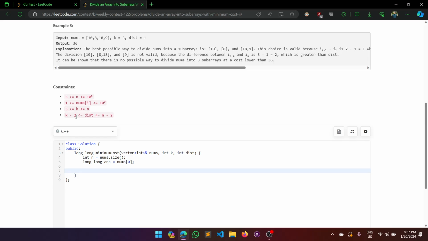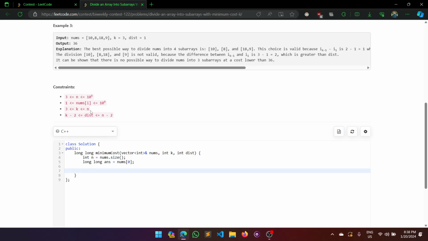Yeah, it's greater than k minus 2 as well, so it could be equal to k minus 2 as well.